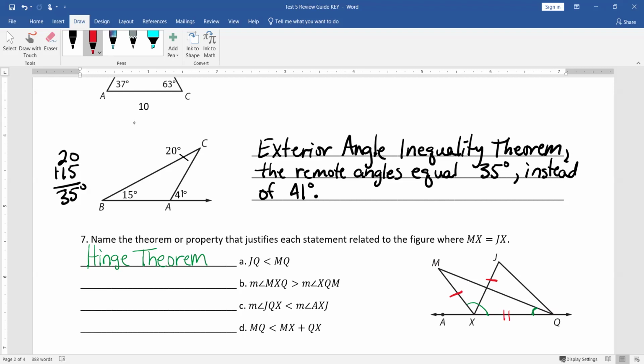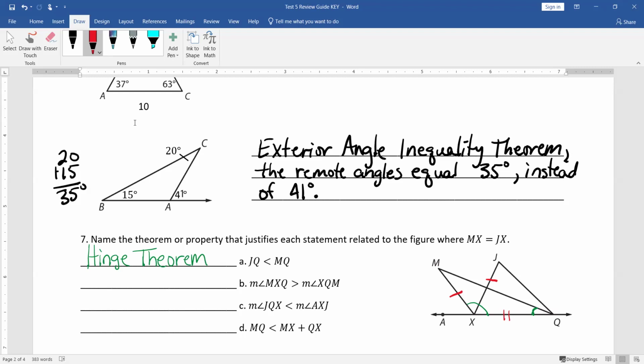We're working in triangle MXQ. Let's see. Is it A? This looks like the greater angle theorem.